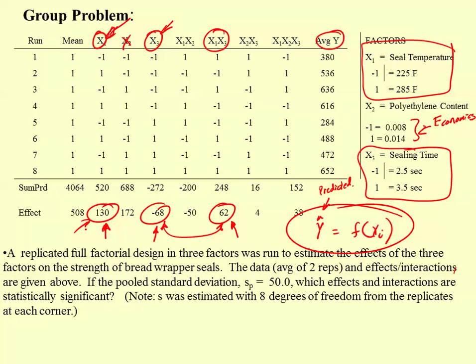Is it some sort of strength? Strength of seals. Okay, so that is right. So the x1 effect would be: as we increase the seal temperature from 225 to 285, the seal strength increases by 130. Does that make sense?